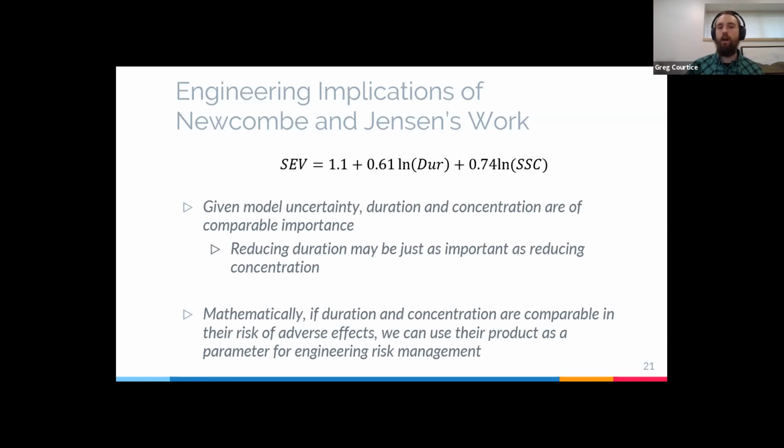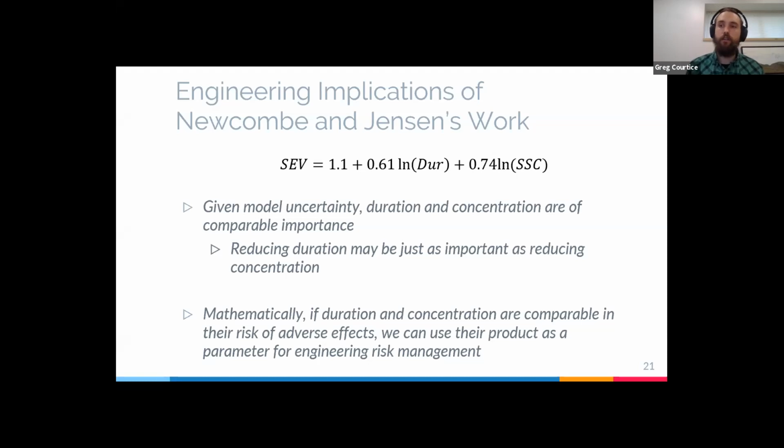It's not like one is 0.1 and one is 1. That would be quite a bit different, but they're very similar. So we can say that reducing duration may be as important as reducing concentration, and it may be just a factor of what we can control better given project constraints and site characteristics that may govern should we be controlling duration or should we be controlling concentration.